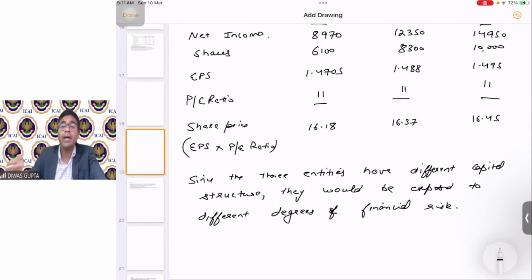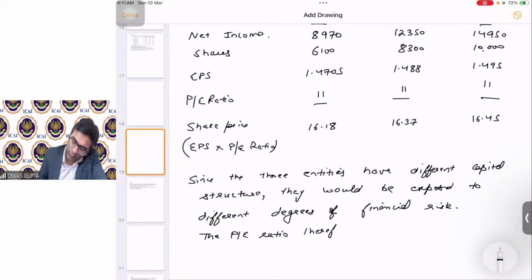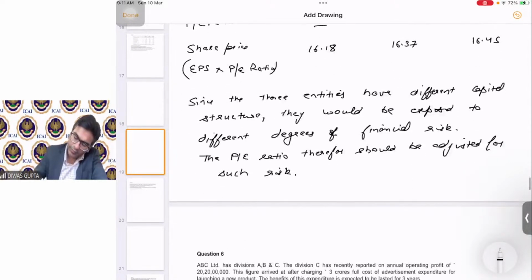As I told you, higher debt means higher risk. Although your cost of capital is coming down, it implies that you are operating on a higher risk, the risk of non-payment or delayed payment, students, correct? Financial risk. The PE ratio, therefore, should be different. Should be adjusted for such risk.